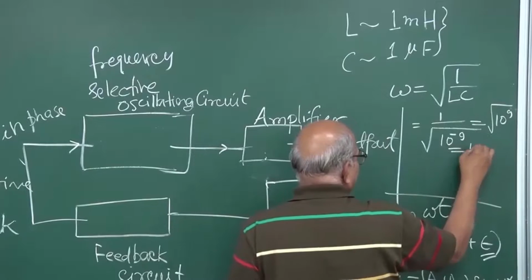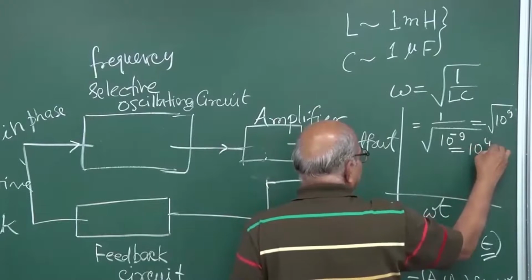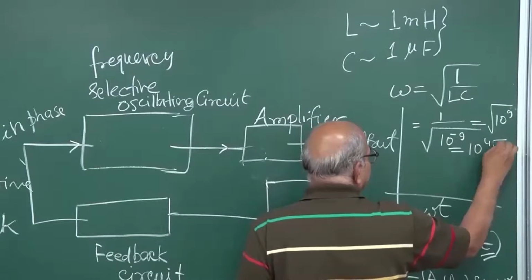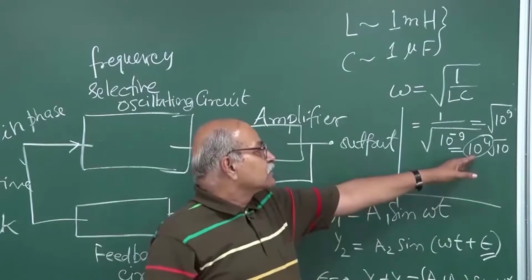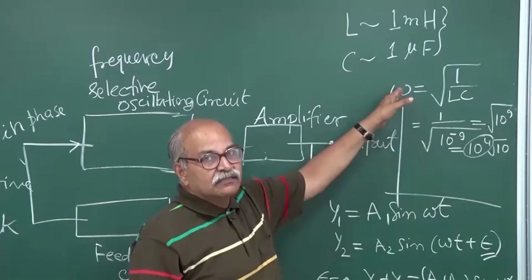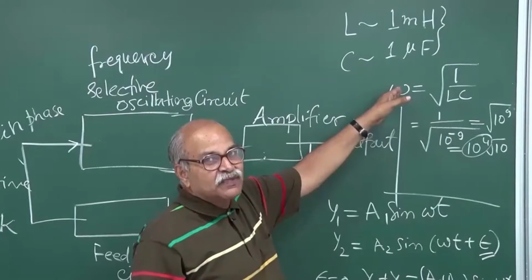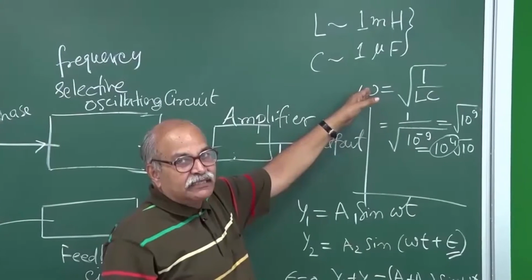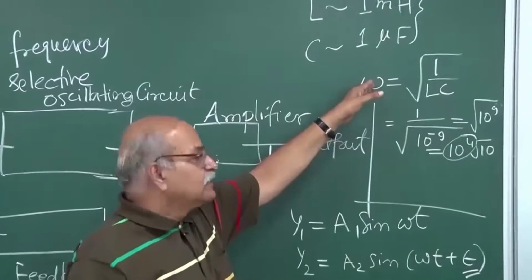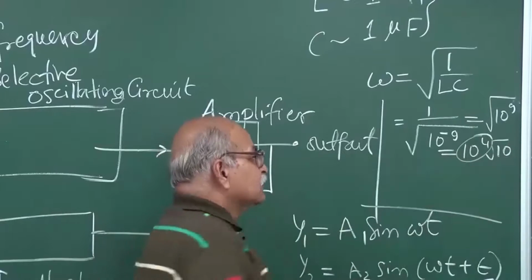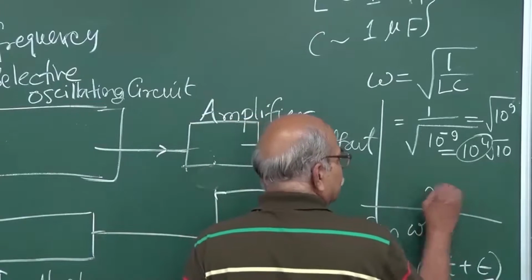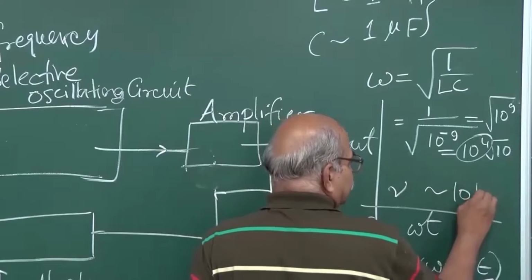So it is 10 to the power 4 and then multiplied by square root of 10. So this itself is 10 kilohertz. This omega, of course, if you want frequency, you have to convert it by this 2 pi factor. You divide by 2 pi, so that is 6. That probably will be of this order. So this is around, your frequency is around 10 kilohertz.